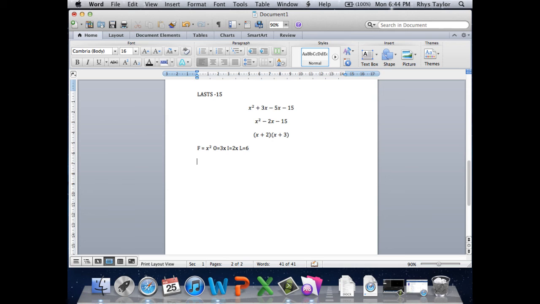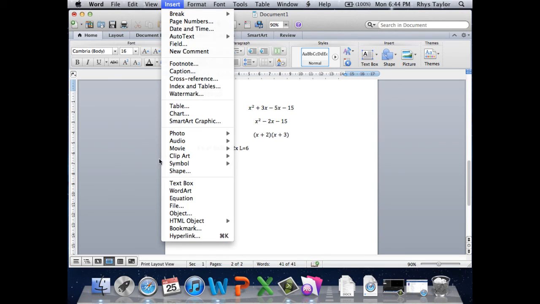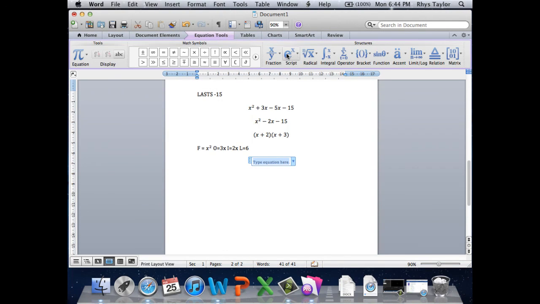This one's even easier. So our equation looks like x to the power of 2, plus 3x plus 2x plus 6.